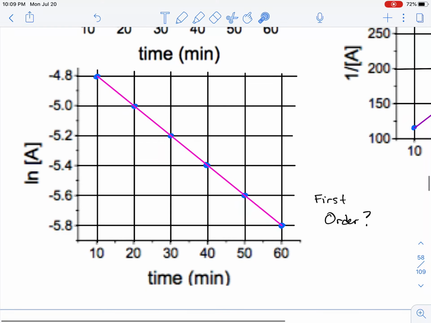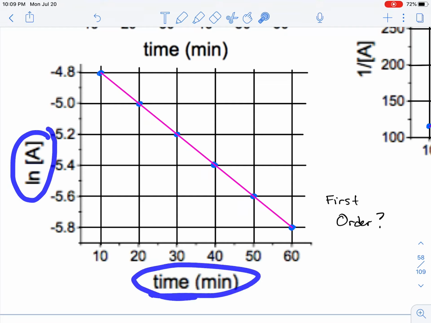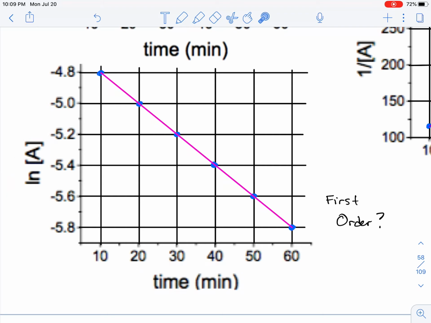Zooming in on this graph, we're going to plot the natural log of the concentration of A against time. This is trying to test for first order. If I didn't have this line over here, to determine whether all of these points fall on a straight line, I would take the first point and connect it to the last point.